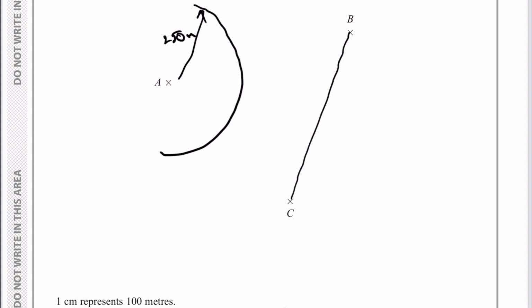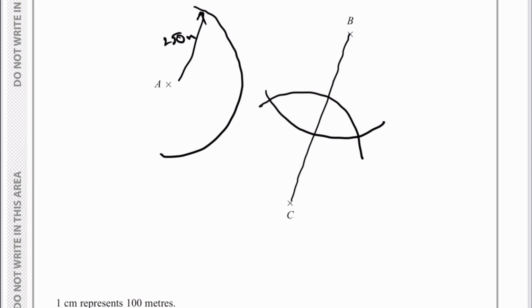The way we do that is we take a compass and we draw an arc, and then we take the other side and we draw another arc. Okay, and therefore we've now got what's called the perpendicular bisector. So that's this line that goes through here, and that is equidistant between B and C.